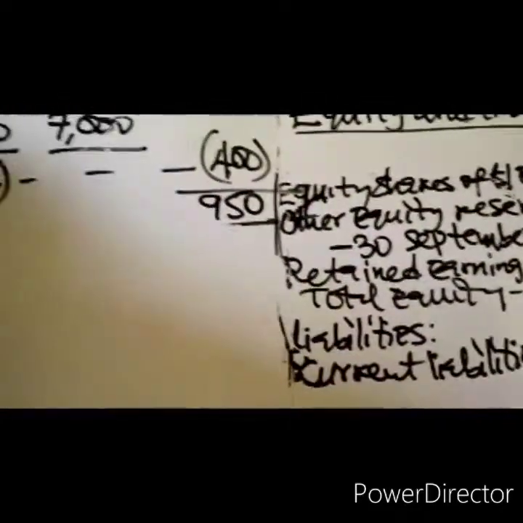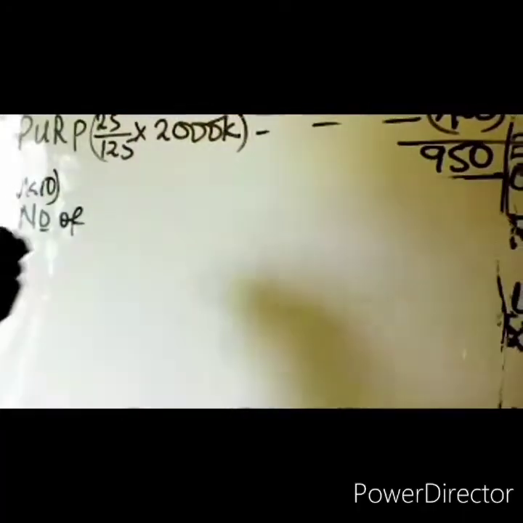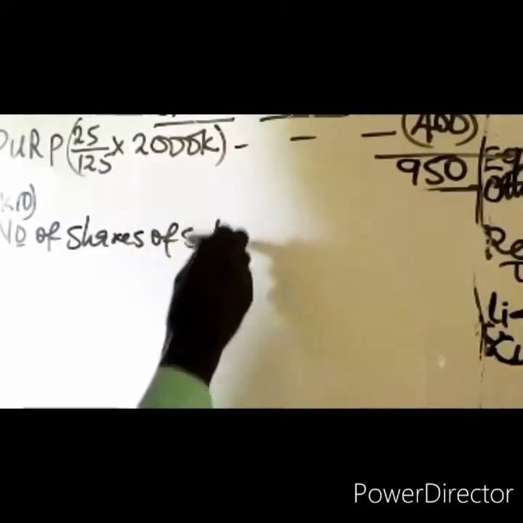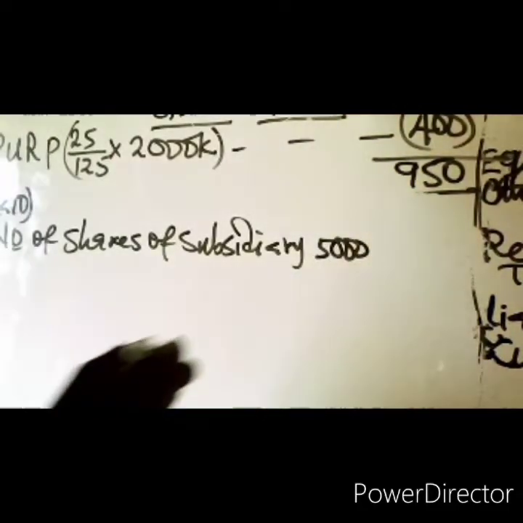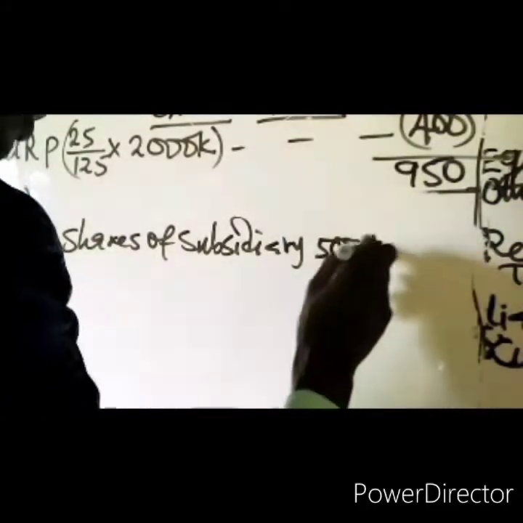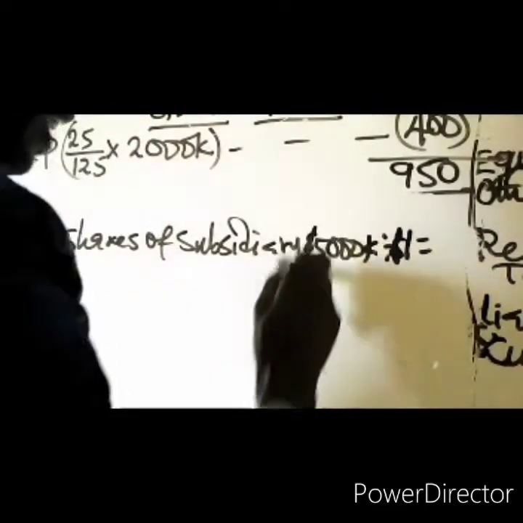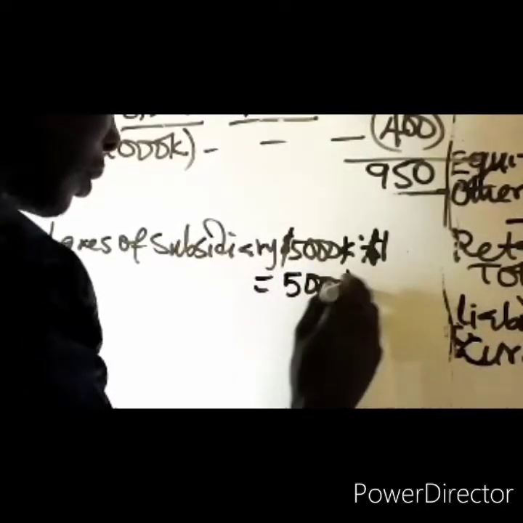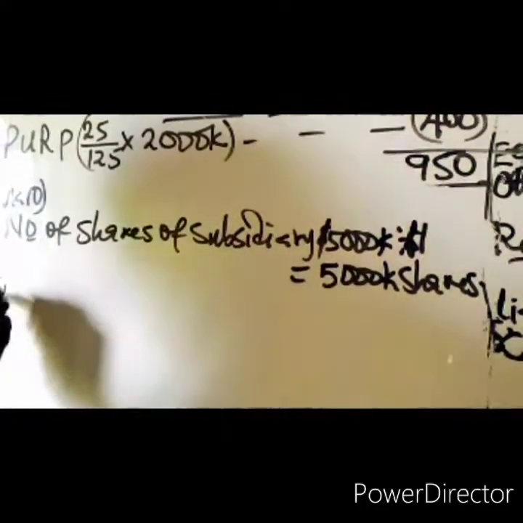So number of shares of subsidiary, working 10, which is 5 million divided by $1, will give us 5 million shares. So number of shares acquired by parent.